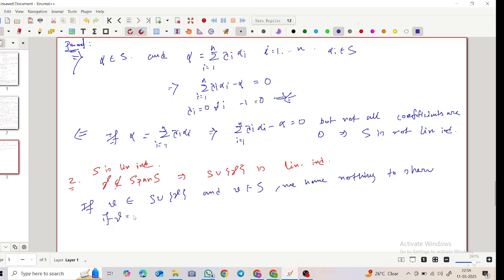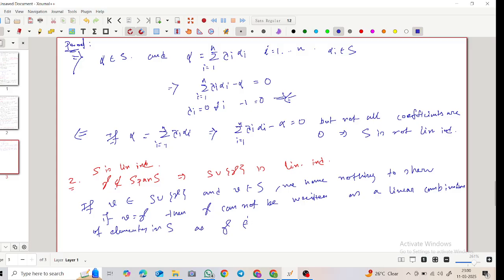If V equals gamma, then gamma cannot be written as a linear combination of elements in S as gamma is not in span S, right?